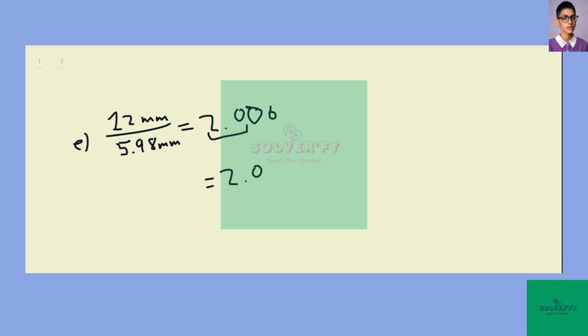Length to width ratio. And that gives us 2.006. But again, like multiplication and earlier, we keep the lesser of the significant figures, such as 2. So our value is actually 2.0 for the ratio.